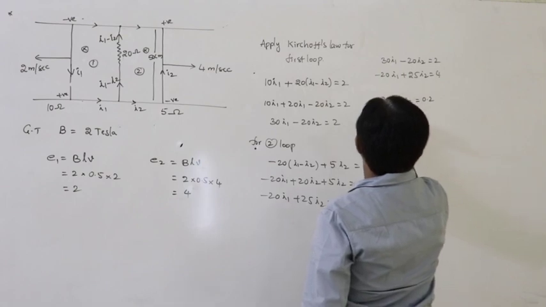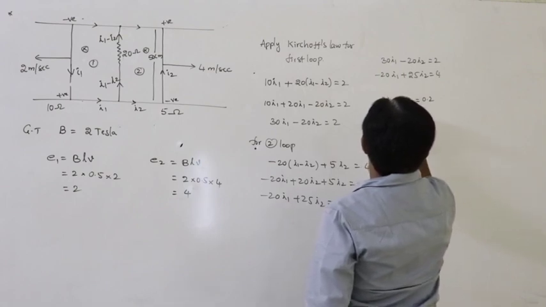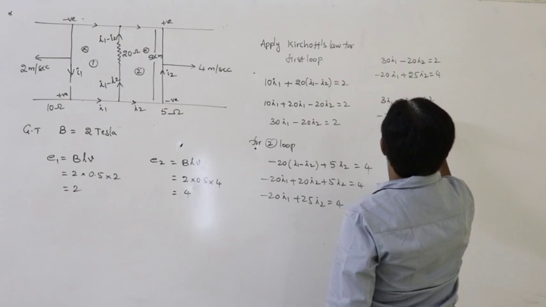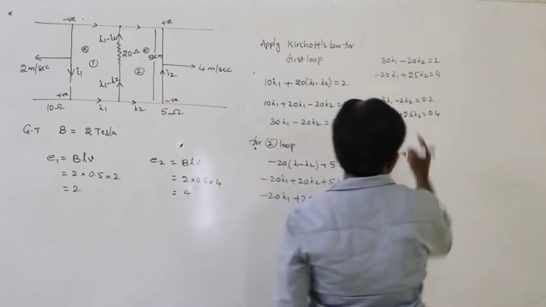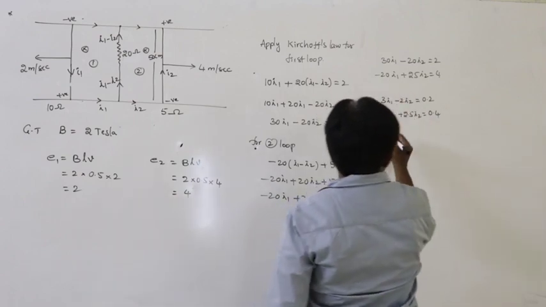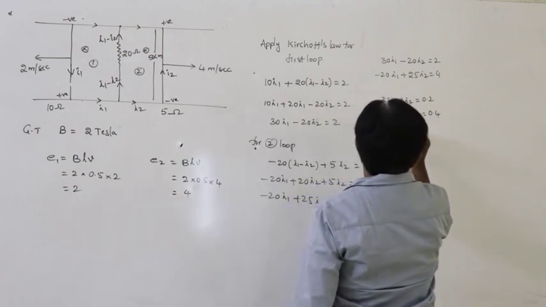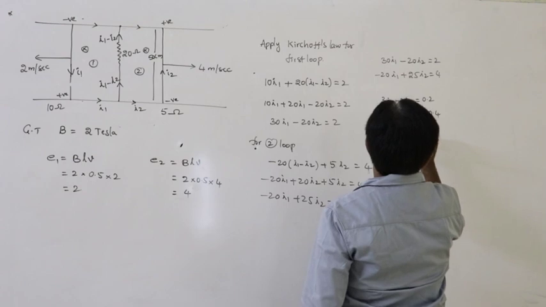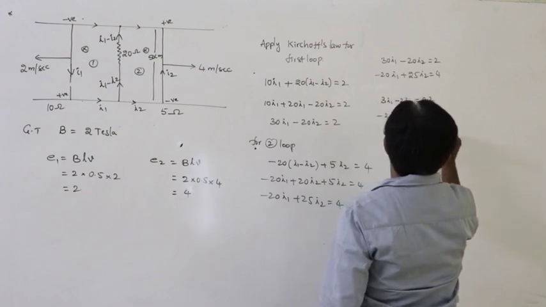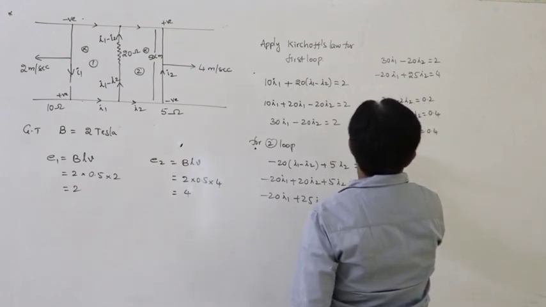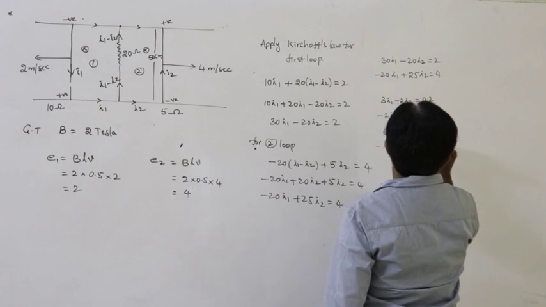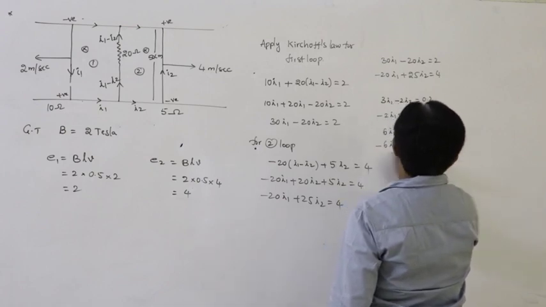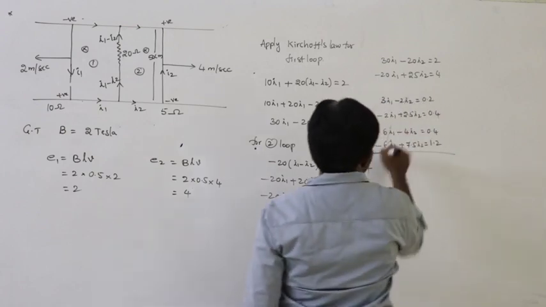This becomes minus 2 I1 plus 2.5 I2 is equal to 0.4. Then multiplying the first by 2, 6 I1 minus 4 I2 is equal to 0.4. Next, multiplying the second by 3, minus 6 I1 plus 7.5 I2 is equal to 1.2. 6 I1 and 6 I1 cancel.